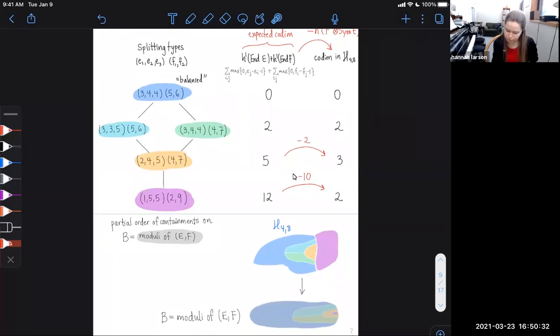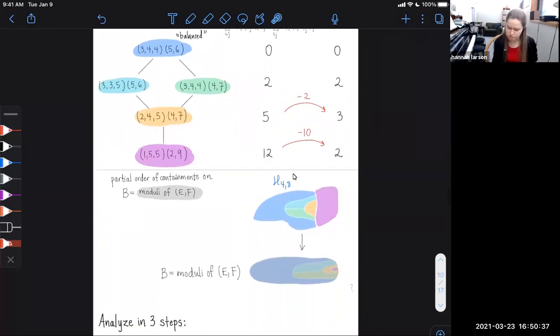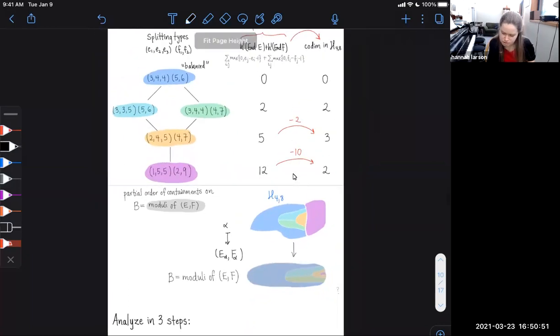There's a map from the Hurwitz space to the moduli space of pairs of vector bundles on P1, where we send a cover alpha to the pair E alpha, F alpha. And these correction terms correspond to when the fiber dimension is jumping in this map.